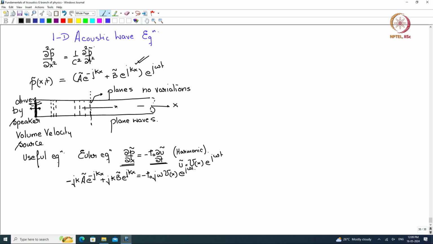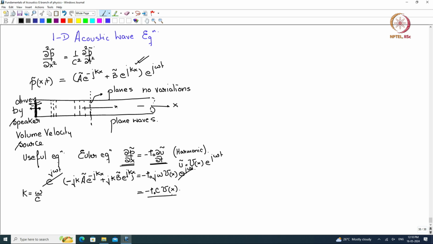Now if we say that k is omega by c, then we have minus rho 0 c u of x, and there is this temporal term here also which we take out.